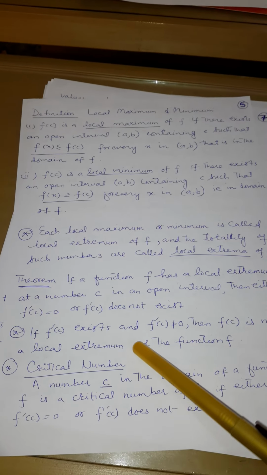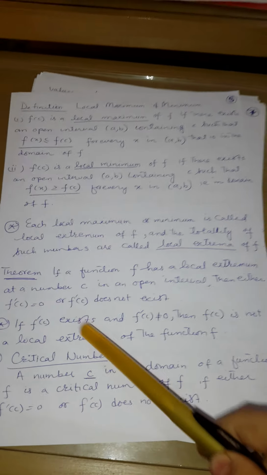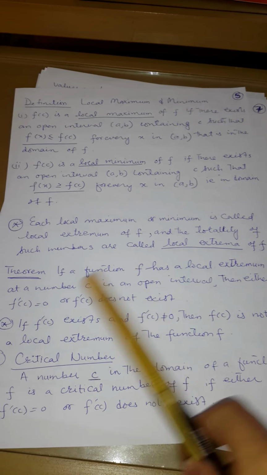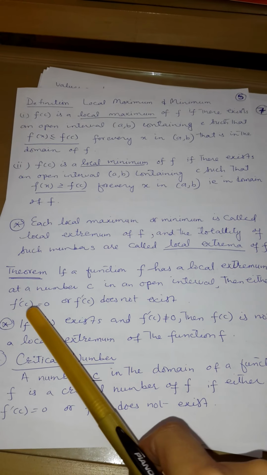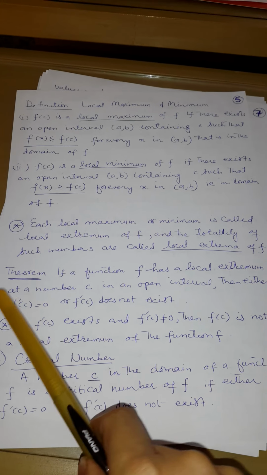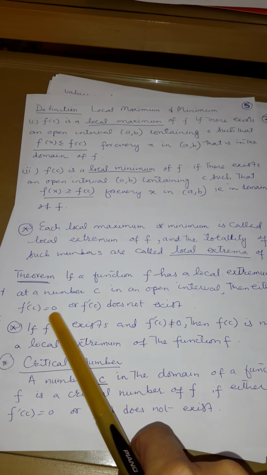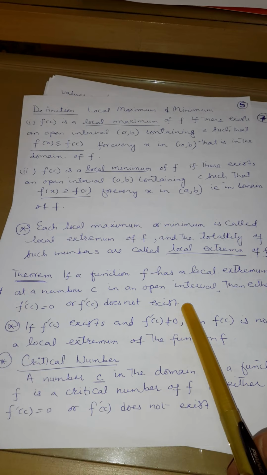Then we have another theorem which is very important for your exercise. If a function f has a local extremum at a number c in an open interval, then either f prime of c is 0, meaning the derivative of the function at point c is 0, or the derivative of the function does not exist.